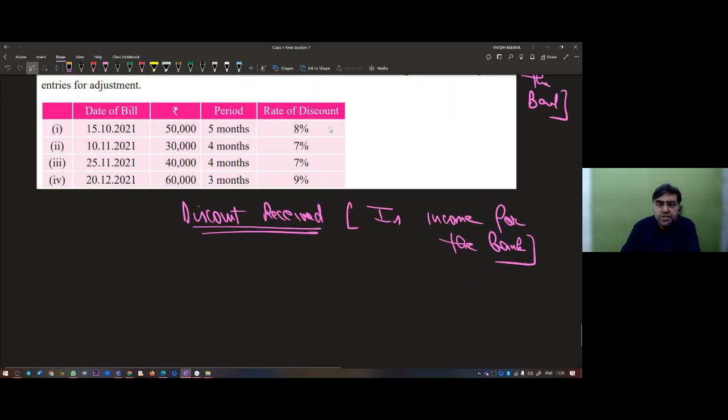Now the maturity date of the bill will be this plus 5 months plus 3 days of grace. The maturity date will become the 18th of March 2022. This is the maturity date.